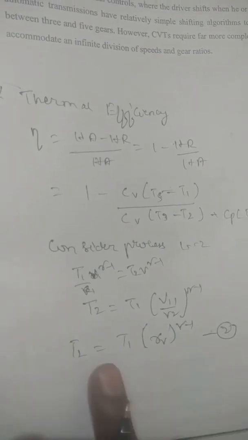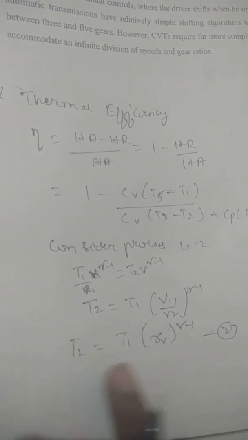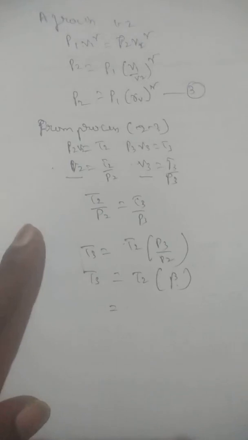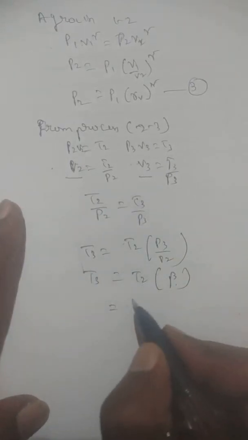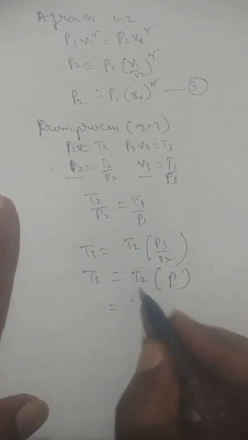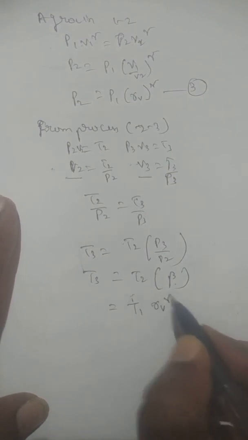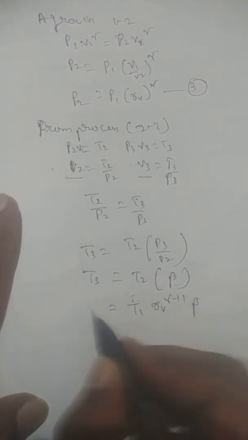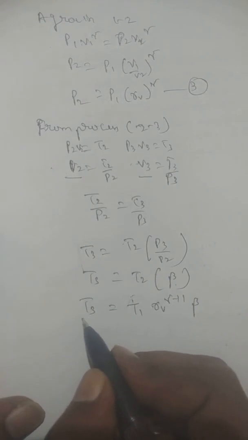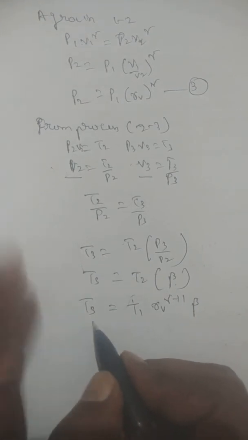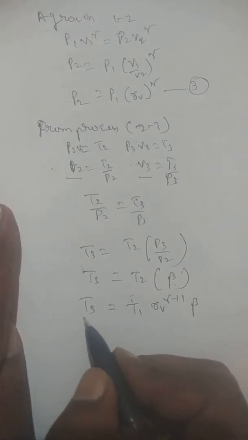So I can substitute that in this equation. T3 is nothing but T1 into RV to the power gamma minus 1 into beta. This is T3. We have found out T2 and T3.